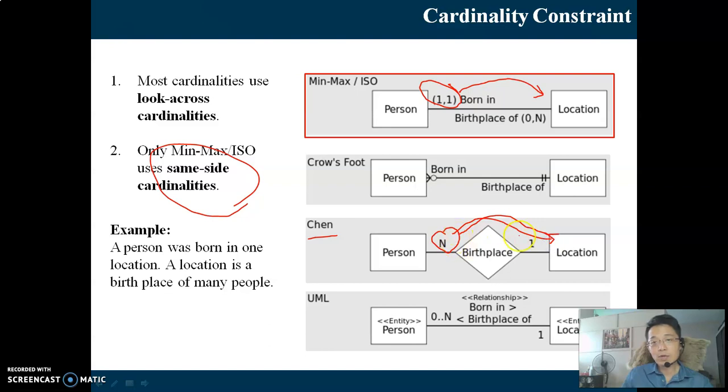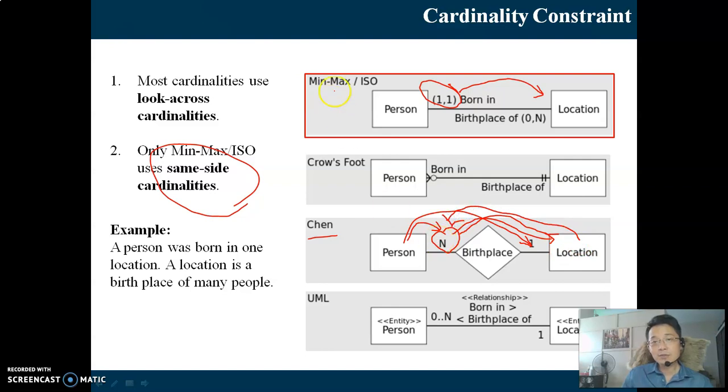So you have to look across to the other side of the relationship to figure out, rather than looking at n. In this case, 1. So a person is only born in one location, and in one location we can have many people born in that place.